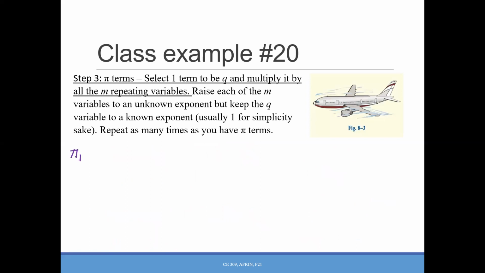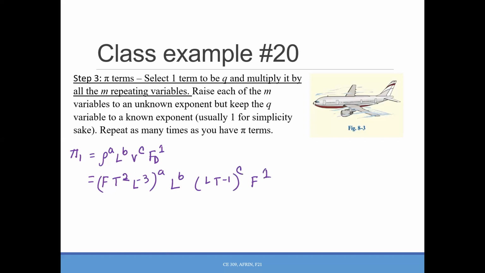I will use that pi 1: rho A, L B, V C, F D 1. So for rho, we had F T^2 L^-4 to the power A, we have L B, we have L T^-1 to the power C, and F 1, okay?